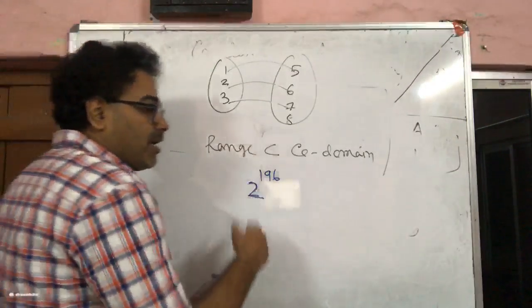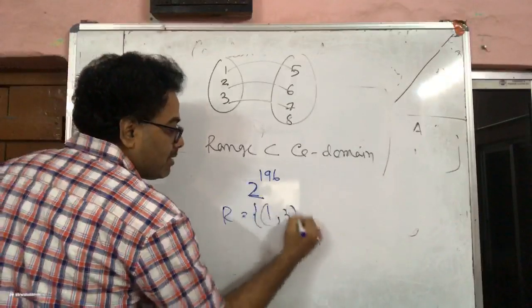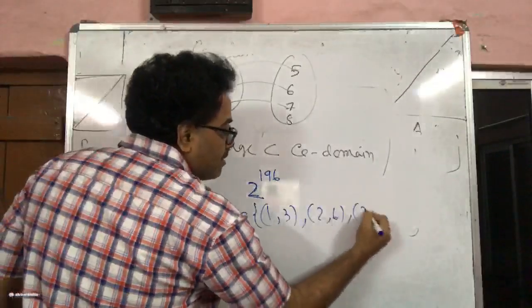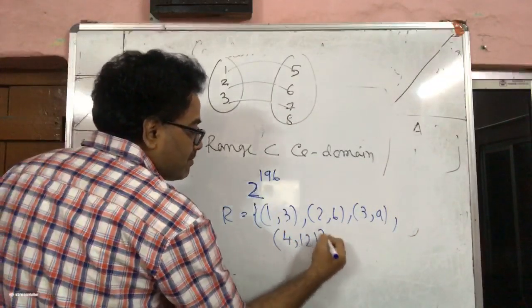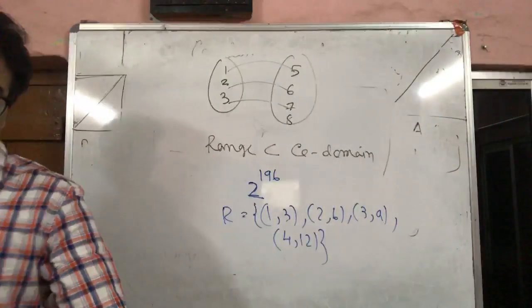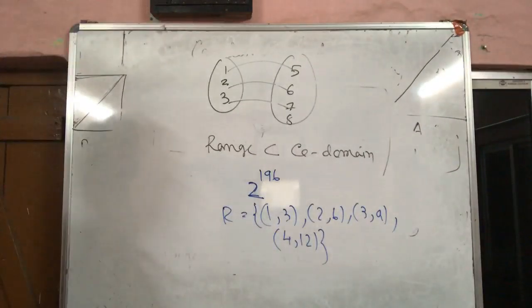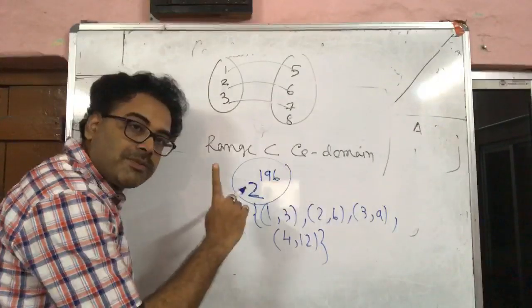We wrote a set, R equal to what did we write, (1,3), (2,6), (3,9), (4,12). So out of 2 to the power 196 subsets, this is one subset.